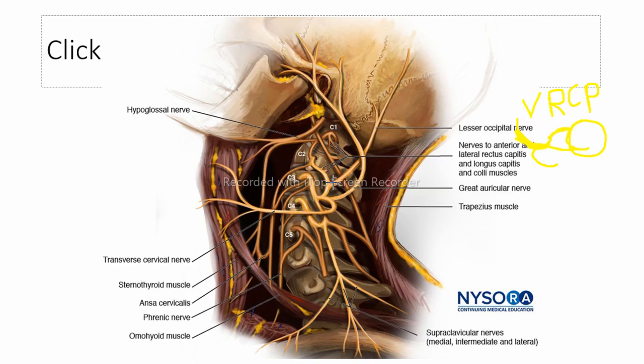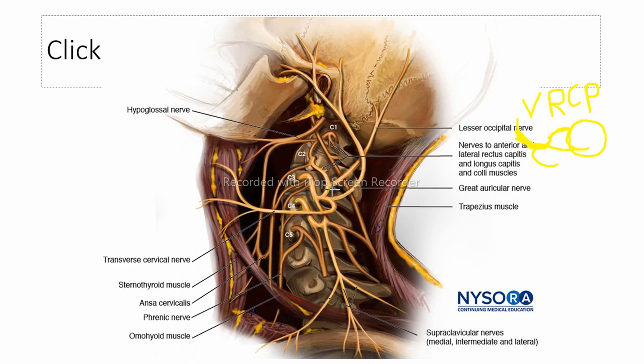There is a communicating loop between the upper four nerves: C1 and C2 communicate, C2 and C3 rami communicate, C3 and C4 rami communicate.